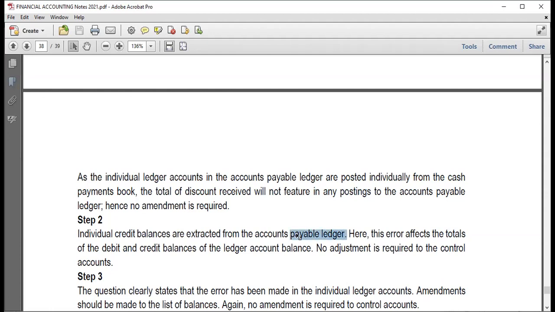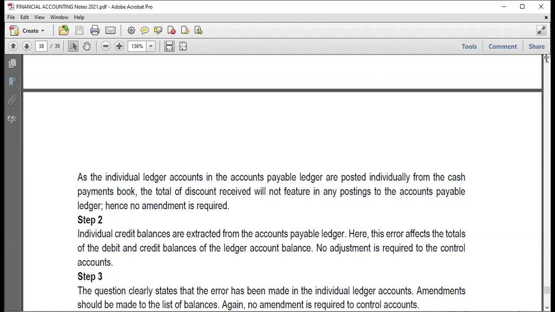Like we said, the control account is basically a summary account. So this does not affect our control account. It affects the normal ledger account, but it doesn't affect our control account. So in this case we shall not affect it within our control account.